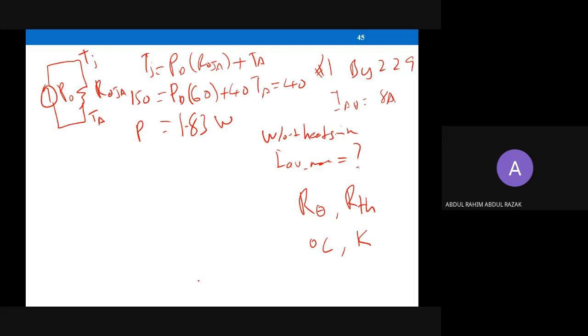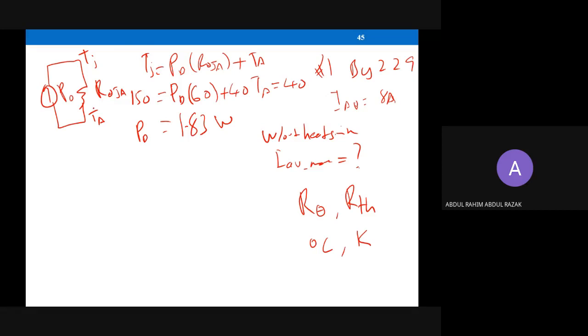Okay, 1.83 watt. This is the maximum PD. The maximum is not about the power delivered to the load. It is the losses that the switch can withstand. The heat generated here can rise up to a maximum of 1.83 watts.